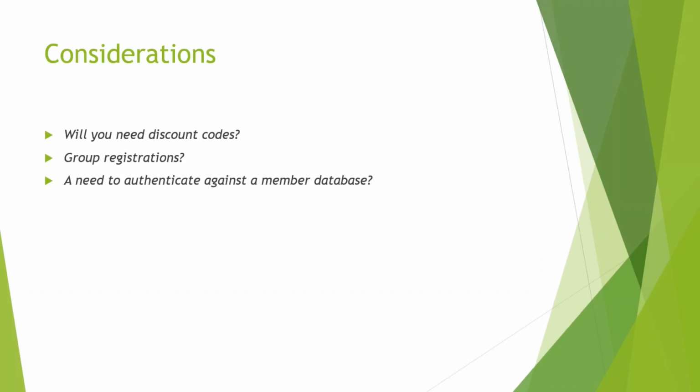And do you need to authenticate that somebody's a member against, let's say, a member database, and it's going to have to go somewhere and check that out? Those would be maybe some more advanced things. We have done all of those things, but they just take a little bit more effort. So we'd want to know that up front when we start exploring your project with you and uncover those things.